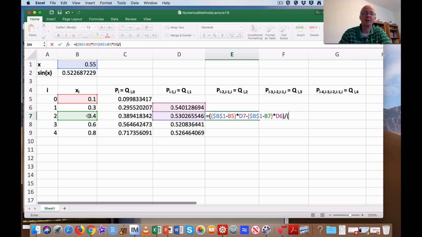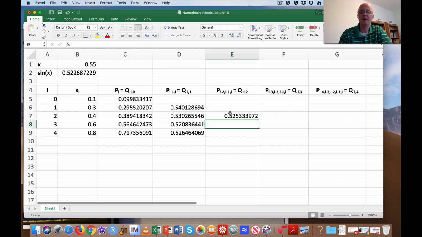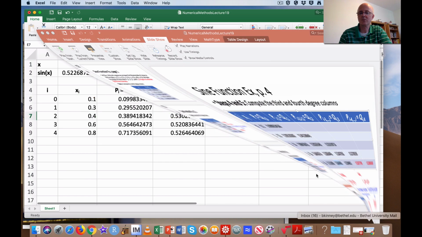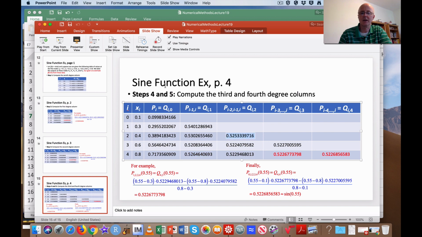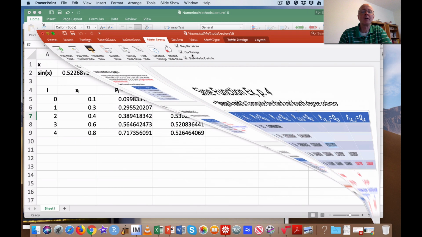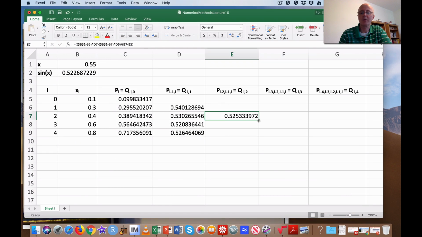Divide by the difference x2 minus x0. We don't have to bring x1 into the formula at all. That is the amazing thing, that works. Okay, that is the nicest thing about all this, in fact. Okay, so here's what we get, 0.5253339. Looks good. Click and drag that formula downward.